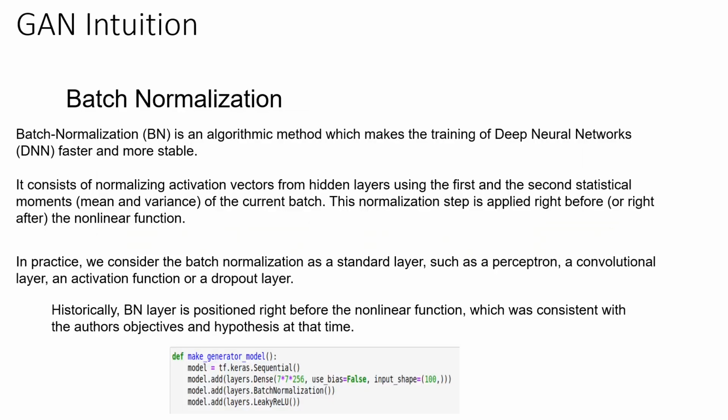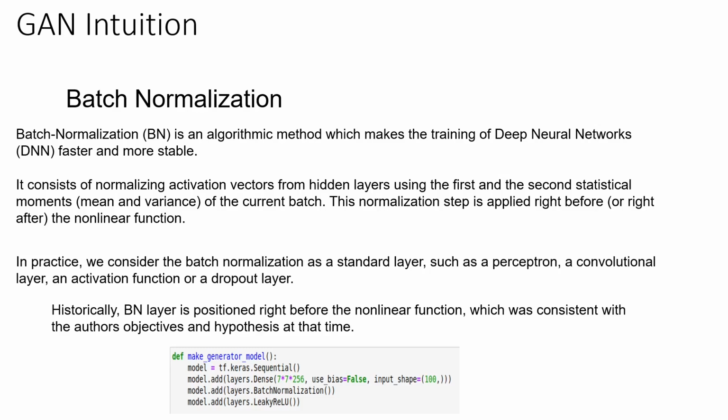So before we dive into the hands-on parts of the lecture, we will see a concept called batch normalization. Batch normalization is an algorithmic method which makes the training of deep neural networks faster and more stable. It consists of normalizing activation vectors from hidden layers using the first and the second statistical moments of the current batch.